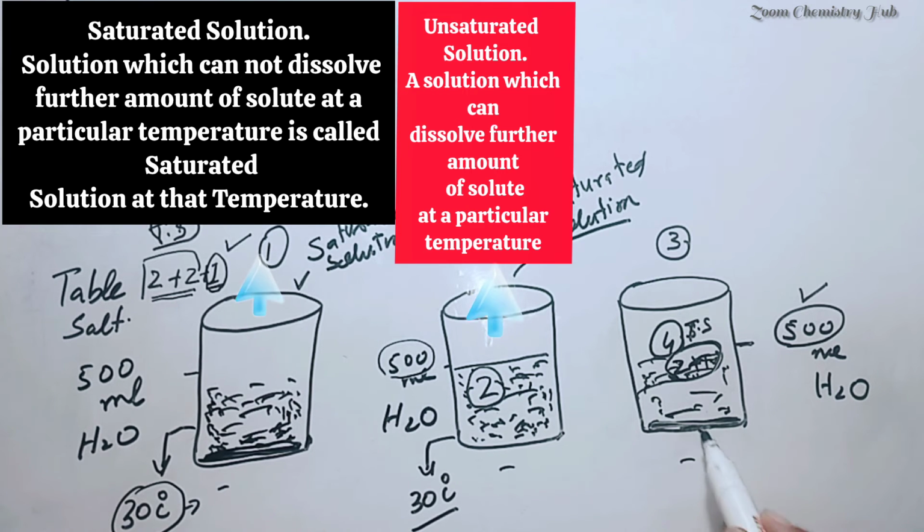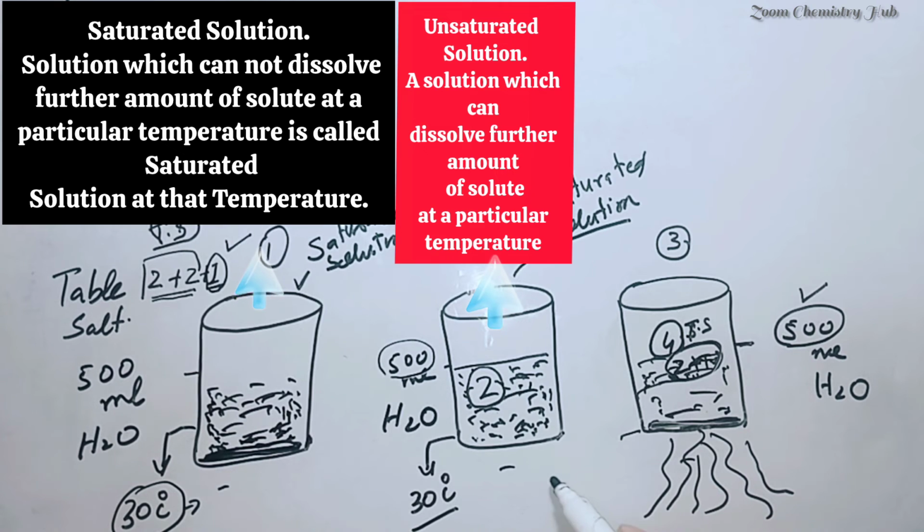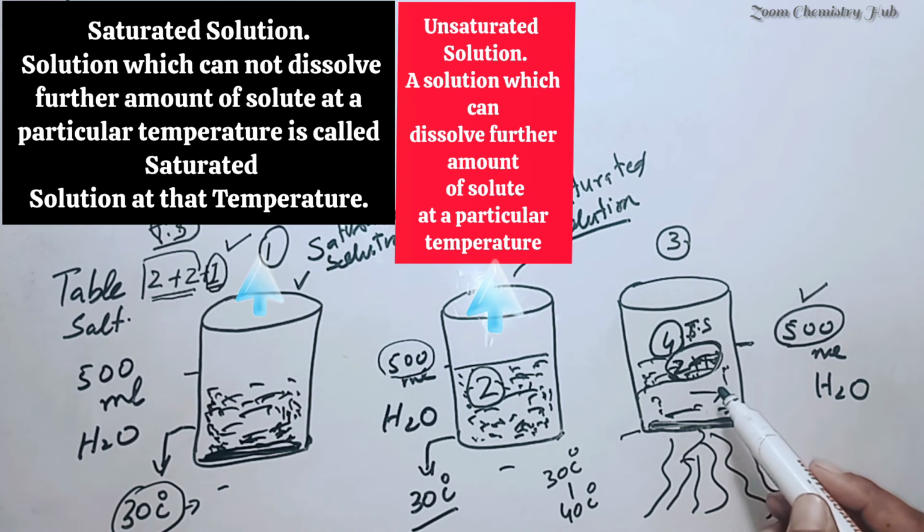Now if we heat this solution and increase the temperature from 30 degrees centigrade to 40 degrees centigrade, then this solution has the ability to dissolve the further amount of solute at 40 degrees centigrade.